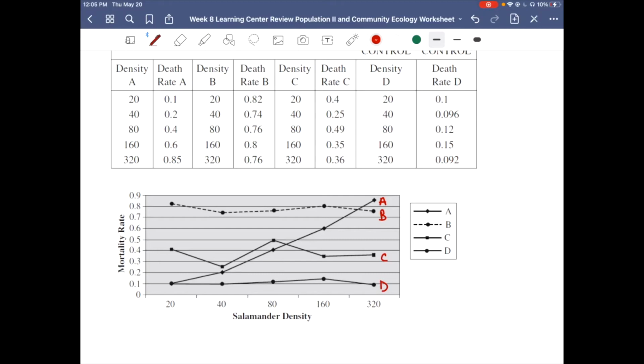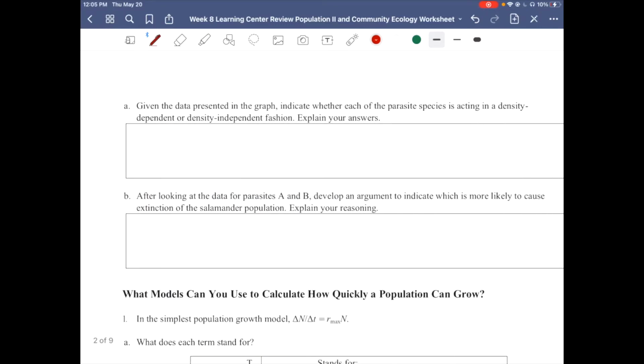So we know there's some correlation to that, so we can call parasite A density dependent. And I usually check that by seeing whether increasing the density actually affects the y-axis. If increasing density has no effect, then that means it's acting in an independent way, which is what we see in some of them.